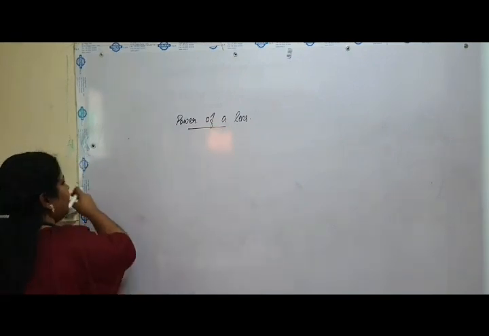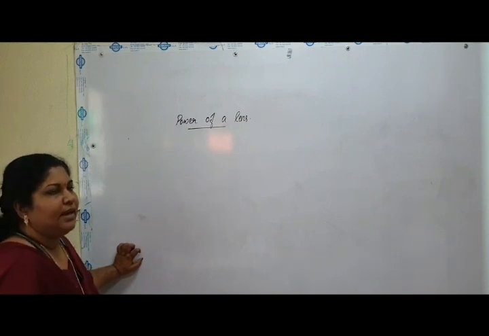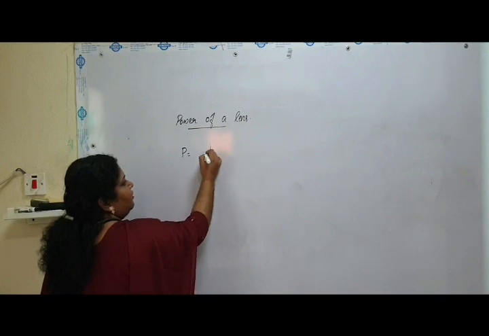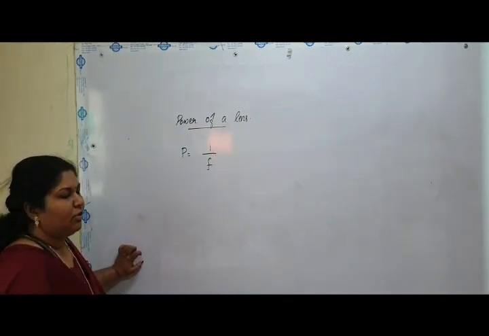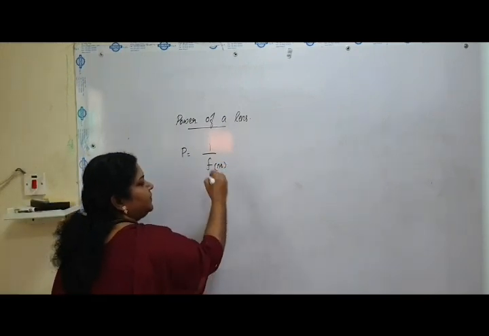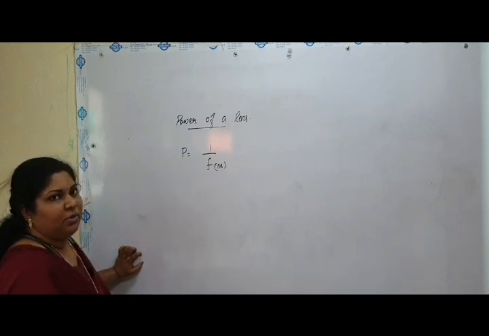So glasses can be for concave lens or convex lens. So depending upon its focal length, we will say the power. So power is defined as the reciprocal of focal length. But focal length should be in meters. We should state the focal length in meters, then only we can find the power.